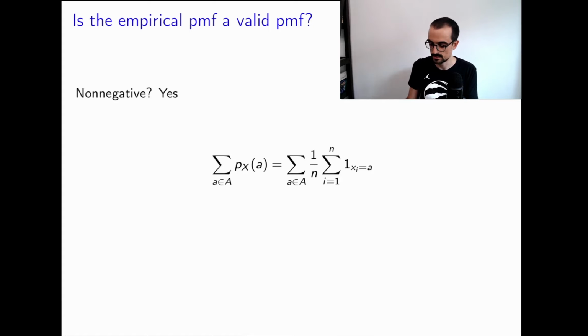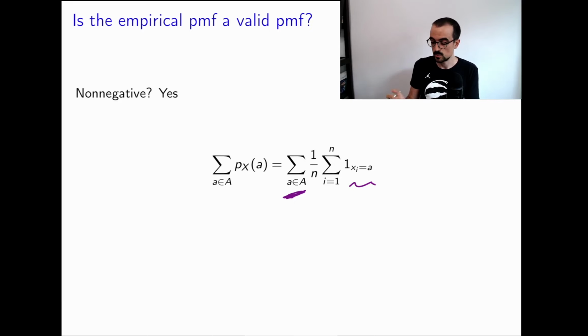So we're adding, remember, we're adding the PMF over all its possible values. That's 1 over n times the sum from i equals 1 to n of this indicator variable, which is equal to 1 if xi is equal to a and 0 otherwise.